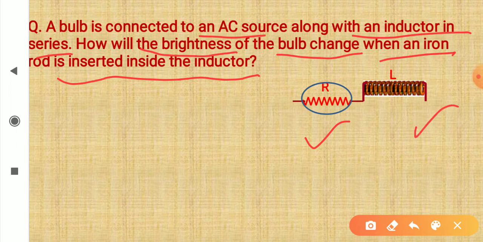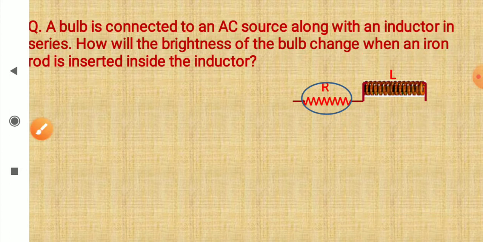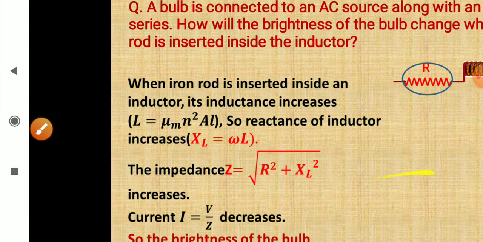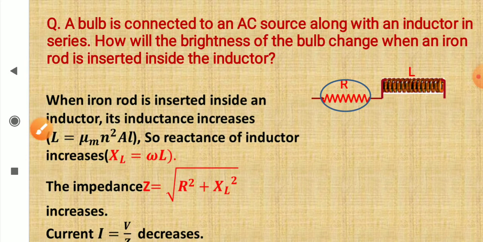And when an iron rod is inserted inside it, clearly the permeability of core will increase. So this inductance will increase. So let's see how we treat it. When iron rod is inserted inside an inductor, its inductance will increase. Why? You know this relation.